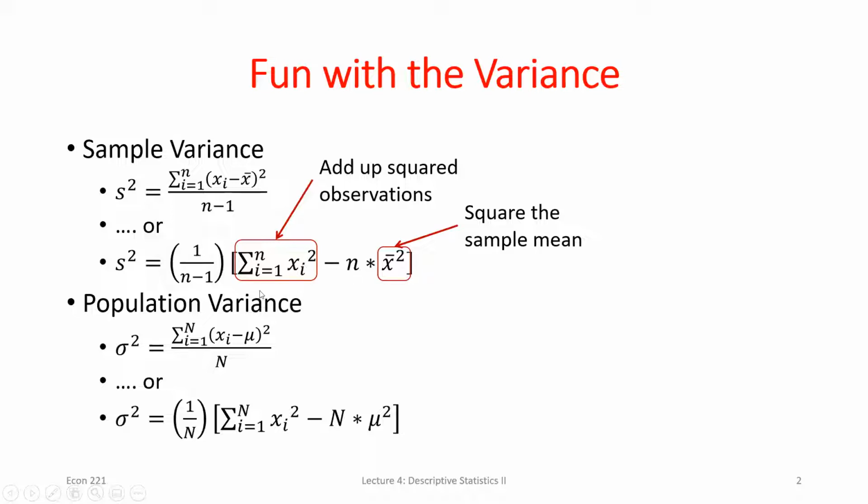Once you do that, add them all up, and then subtract the number of observations times the mean squared. So this equation will give you the exact same thing as the equation we talked about last Friday. Now, I showed you this one for a reason. A, when we do some stuff with weighted variances, it's way easier to manipulate this equation a little bit, which we'll go through today.